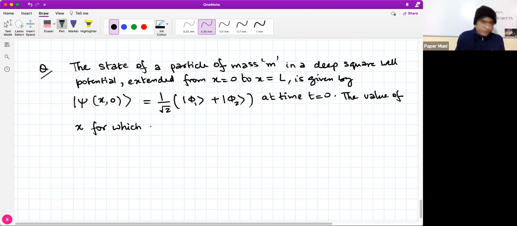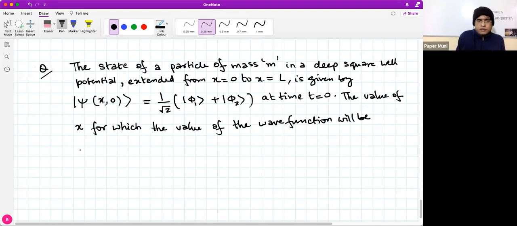The value of x for which the value of the wave function will be the same at t equal to 0 and t equal to 2mL² divided by πħ, will be.